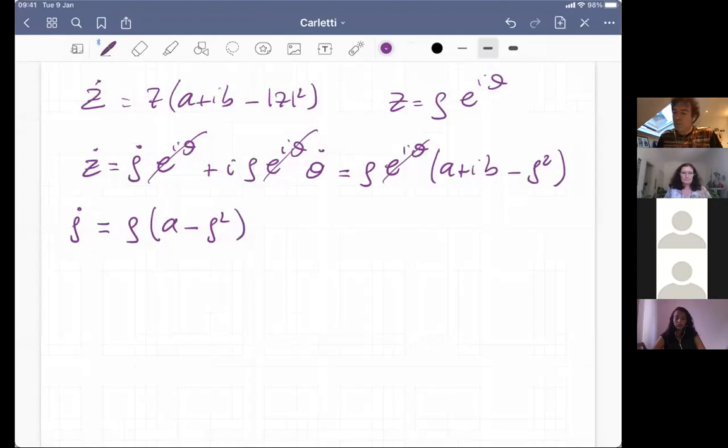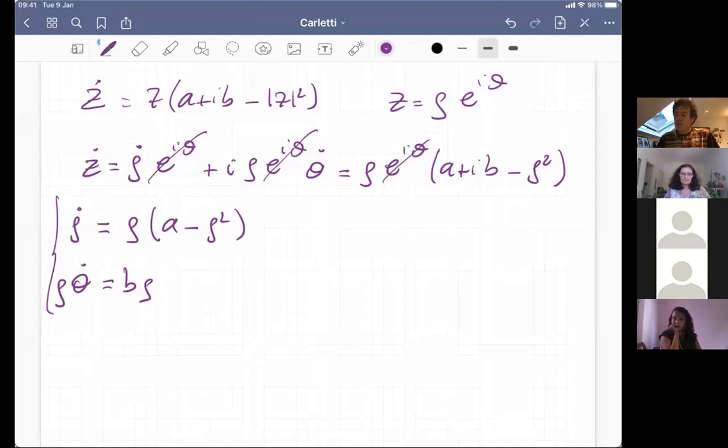While the imaginary part is given by rho theta dot on the left, while on the right you only have b rho. Okay, so this is the system that I showed you before.